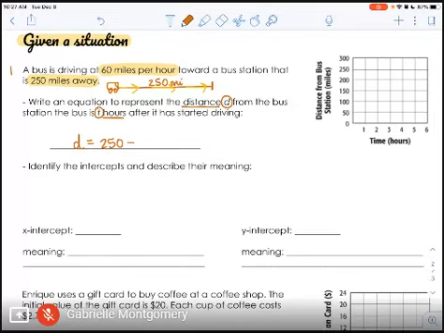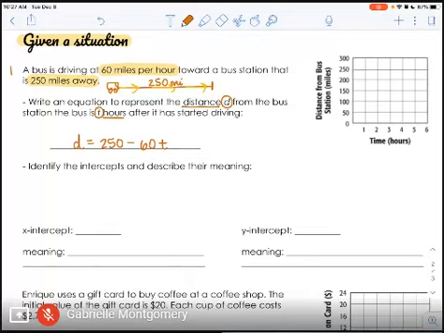And I need to ask, how is it changing? How is it getting smaller? Well, the bus is driving 60 miles per hour. That means every hour, which is T, it's 60 miles closer. So I'm starting at 250 and I can subtract 60 for every hour, which is T.